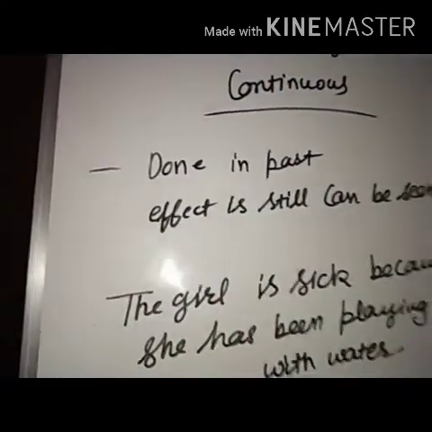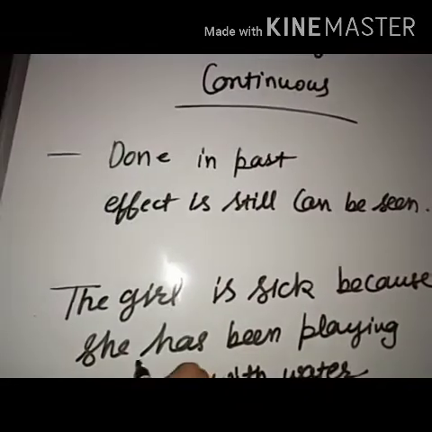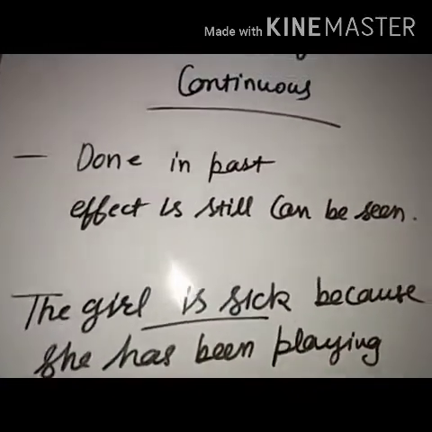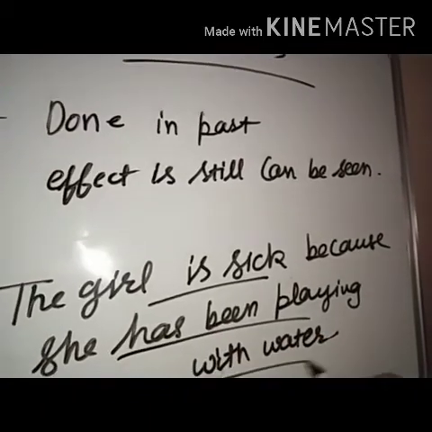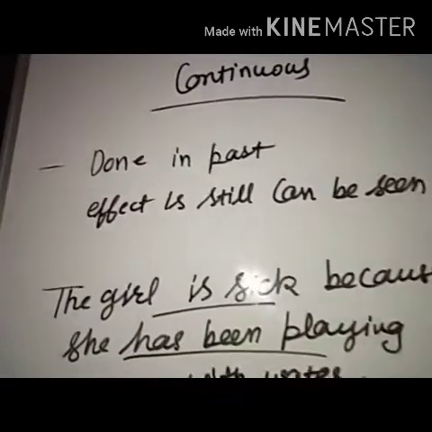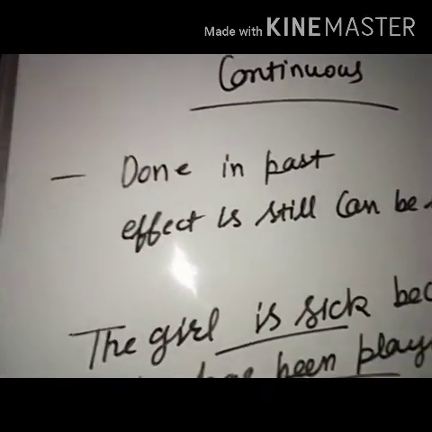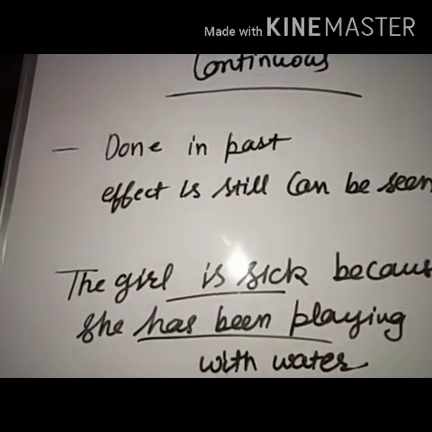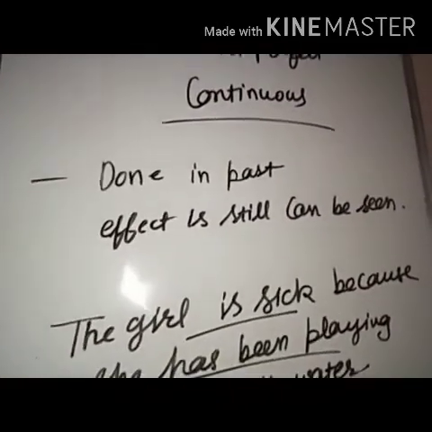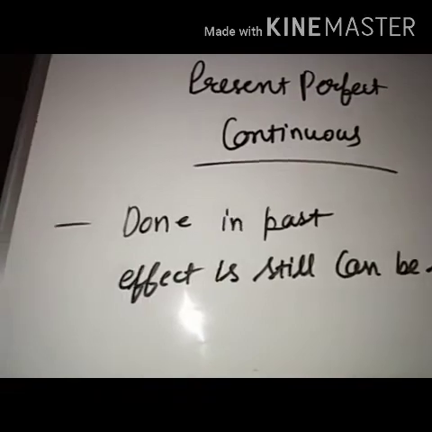So this sentence indicates that this girl is sick. The reason for her sickness is that she was playing with water or she was playing in rain. So we can also use the present perfect continuous when the action is done in past and its effect is still there at the moment of speaking.